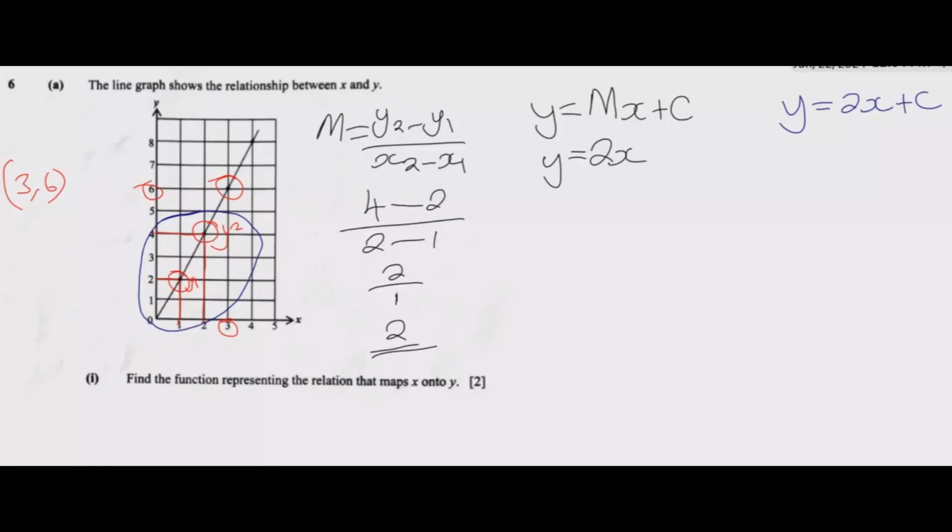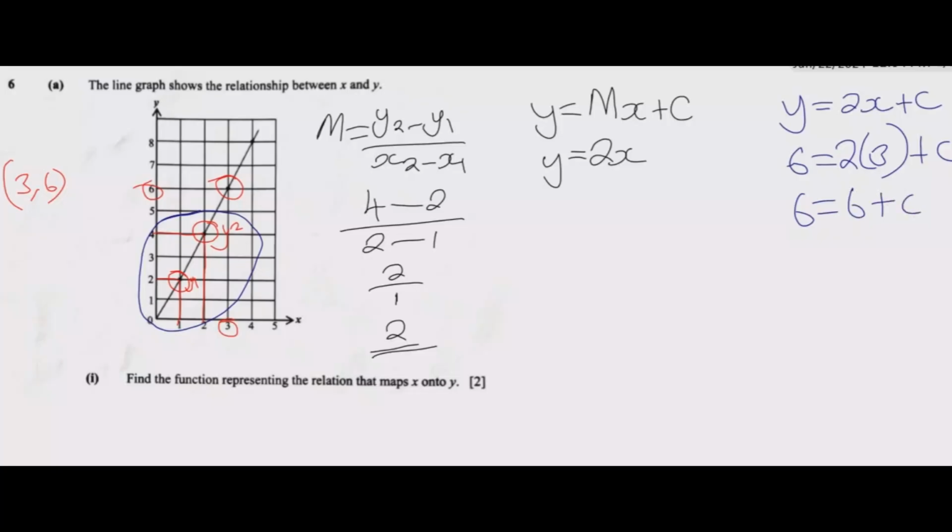So we'll say 6 is equal to 2, then open bracket, the value of x is 3, then plus c. Then we say 6 is equal to 2 times 3, which gives us 6, plus c.